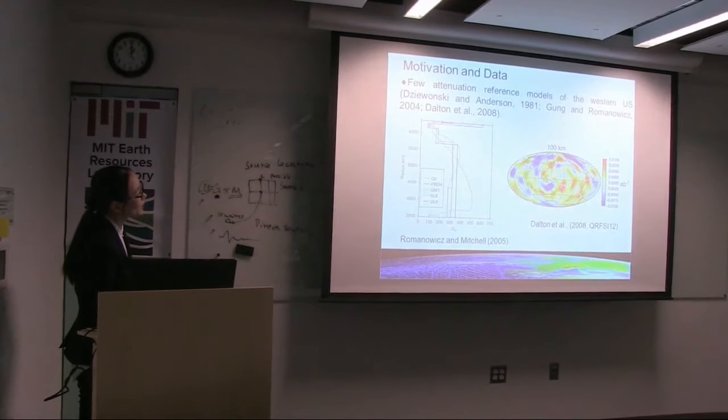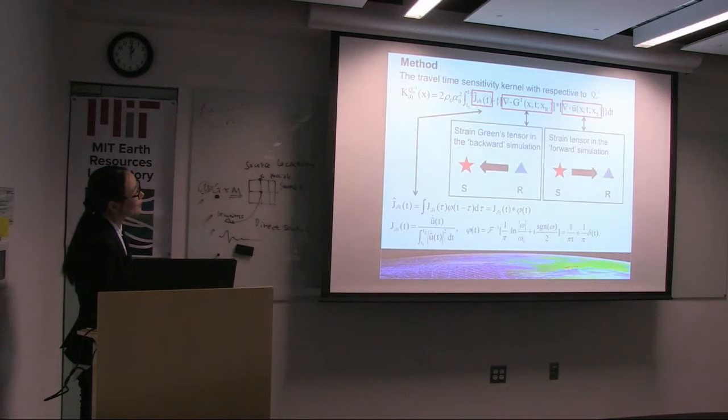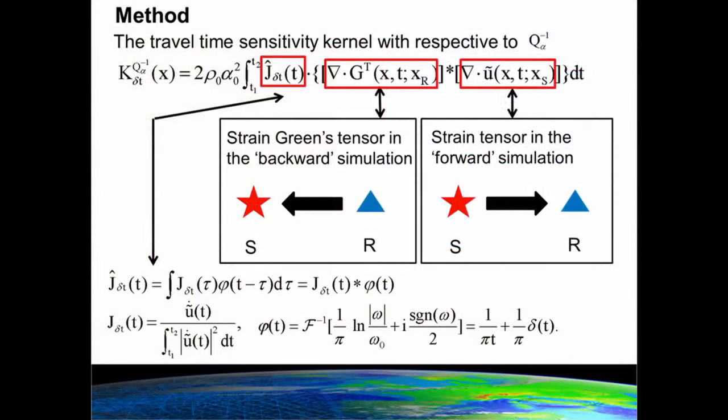Theoretically, you put a pulse source in the medium, and it will generate a waveform displacement, and basically that waveform displacement will be the strain Green tensor.